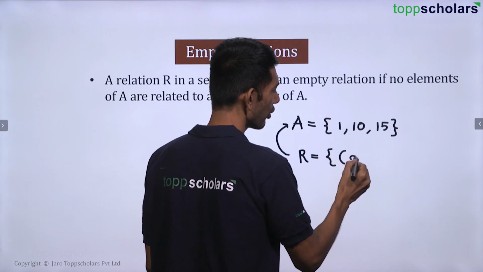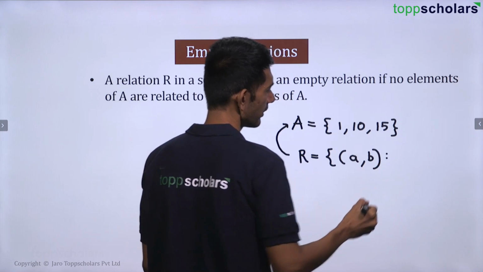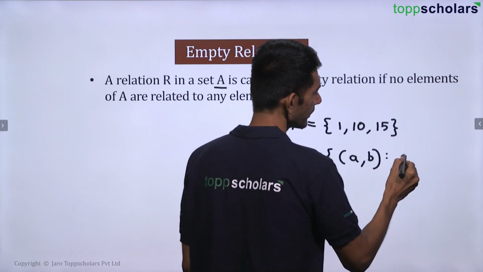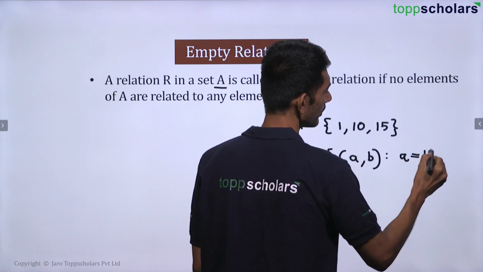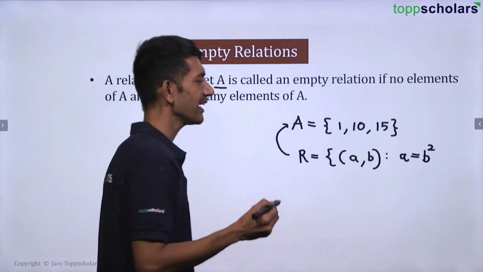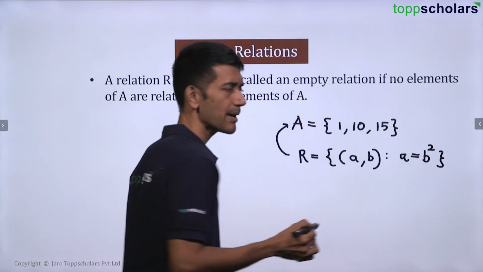Such that I have A comma B, and then A is equal to B square. A is equal to B square. Now, this is a relation that I am defining.